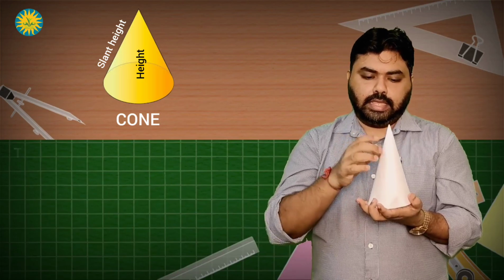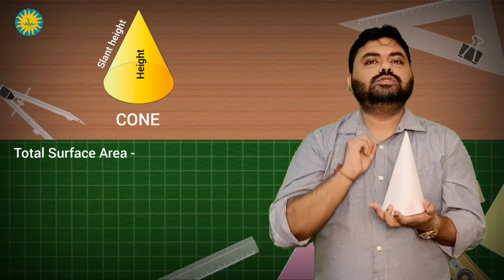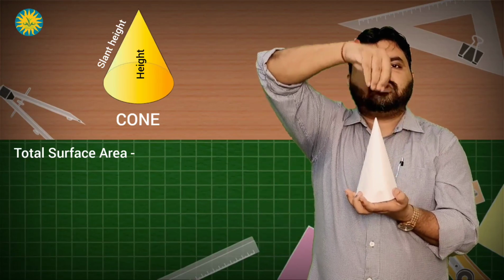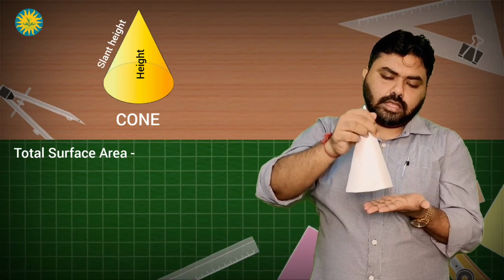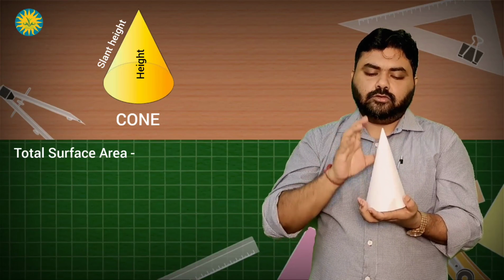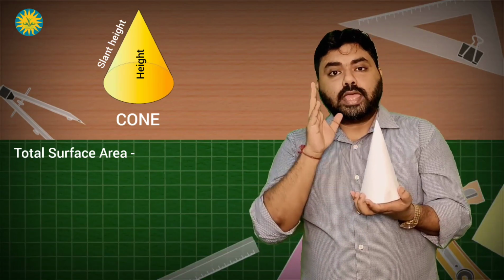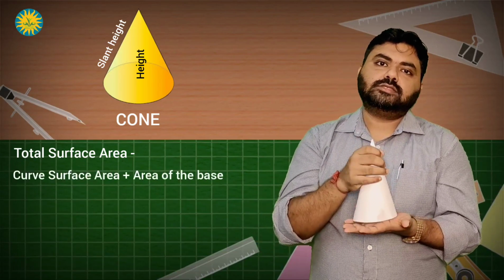Now, the total surface area. In case of a cone, there are only two surfaces. One is the lateral or curved surface, and the other is the bottom surface, which is a circle. Therefore, to find the total surface area of a cone, we add the curved surface area with the area of the base.